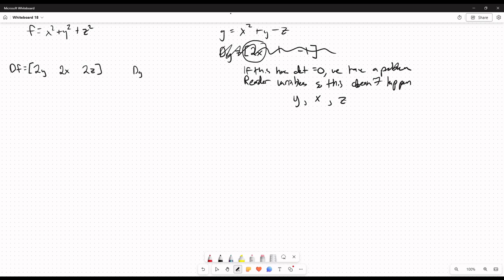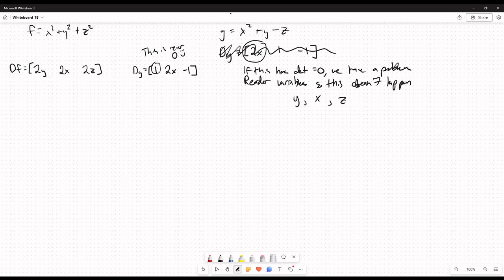Then dg is going to be: partial with respect to y is 1, partial with respect to x is 2x, partial with respect to z is negative 1. And thankfully, this is never 0. So we're all good there.